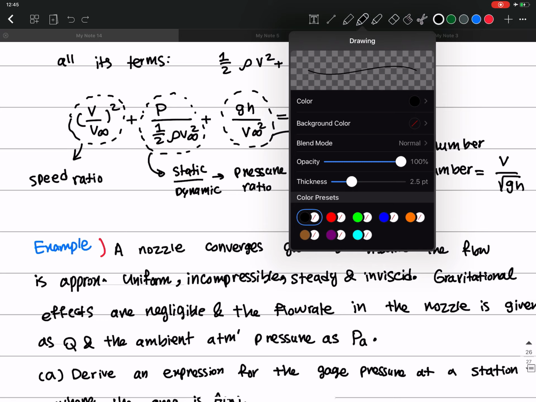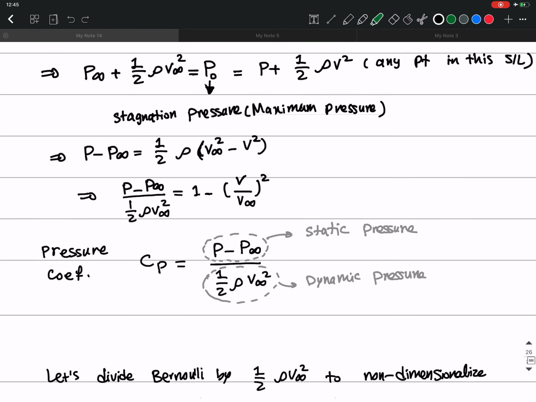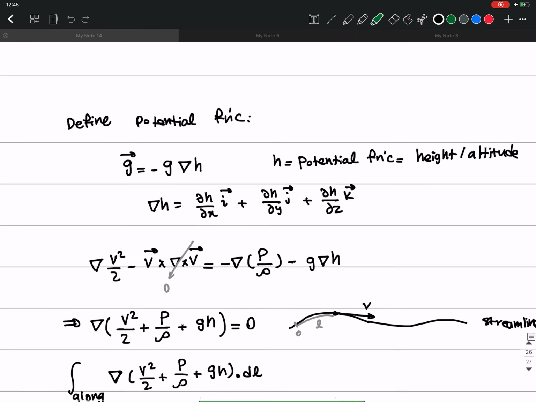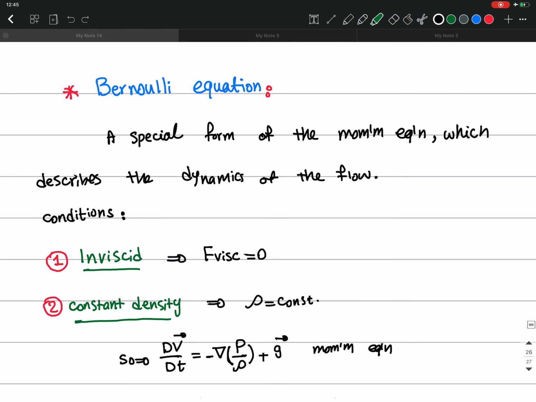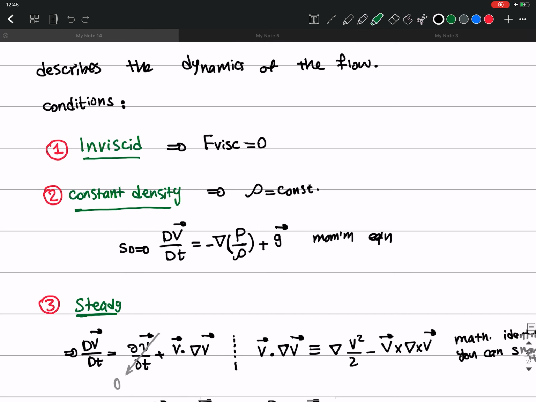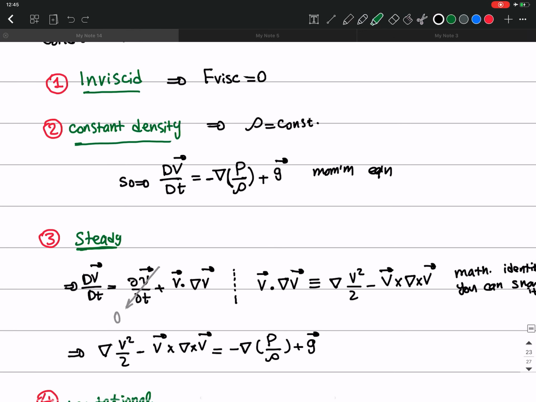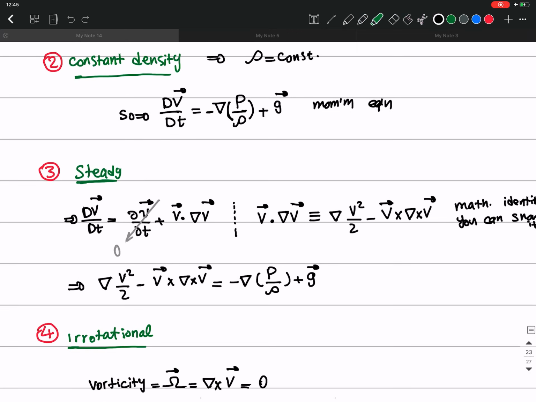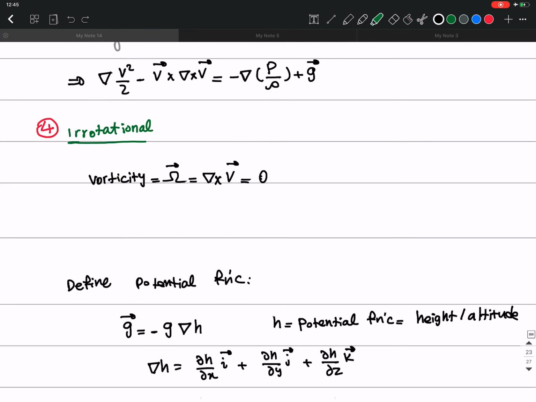Okay, so let me briefly review what we did today. Today we derived a simpler, special form of the momentum equation, which describes the dynamics of the flow. It's valid under these conditions: when the flow is inviscid, has constant density, is steady, and is irrotational.